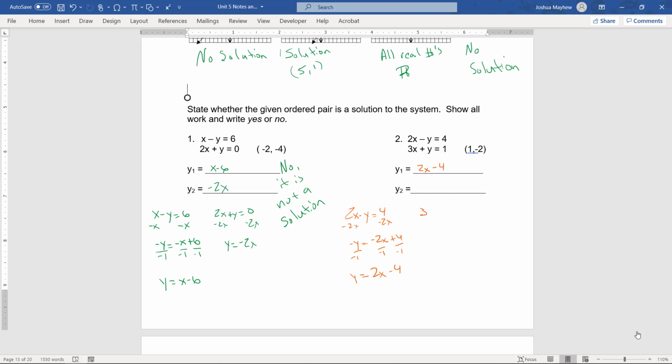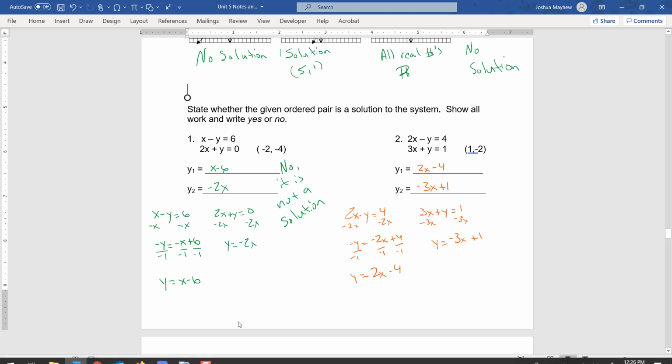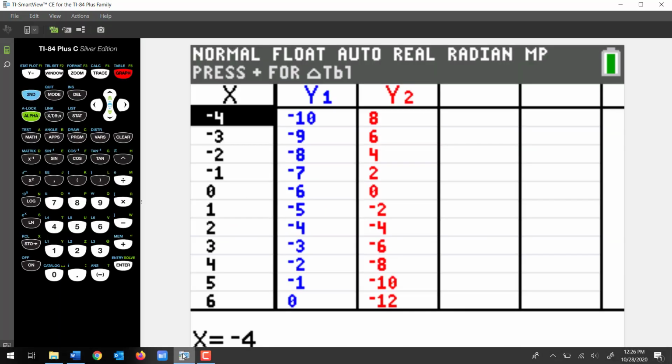And then same thing for the second one. Subtract 3x. That's all we needed to do. So you get y equals -3x plus 1 is the second equation.